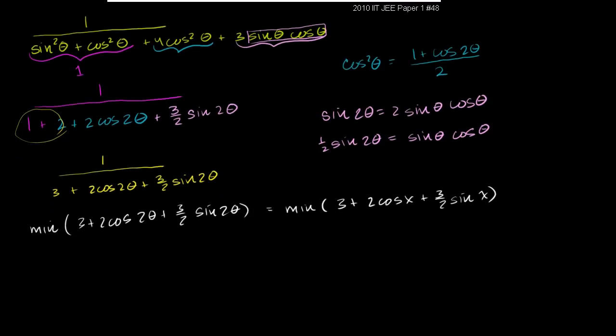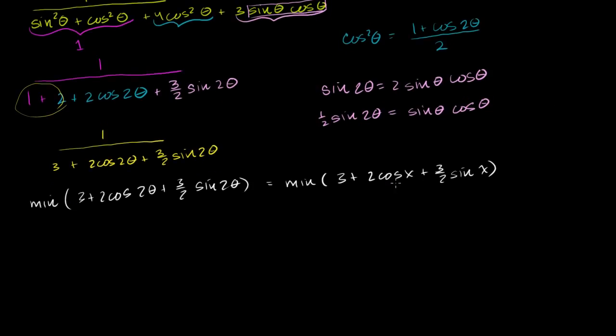And my temptation is to take the derivative, find out where the derivative is equal to 0, and then that will either be a maximum or a minimum point. So let's take the derivative. The derivative of this expression with respect to x: well, the derivative of 3 with respect to x is 0. The derivative of 2 cosine of x is negative 2 sine of x.